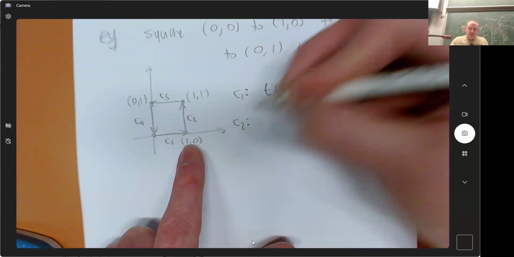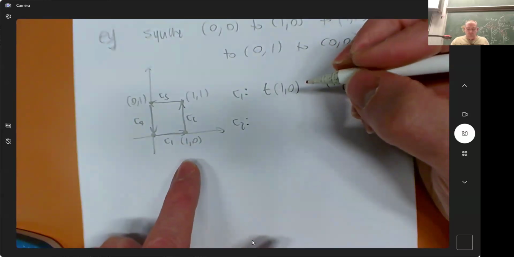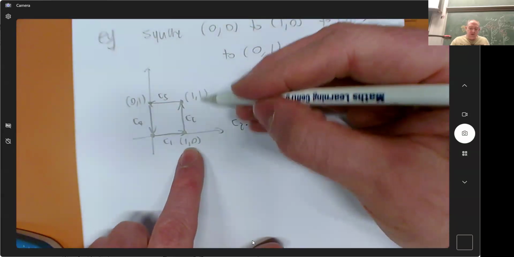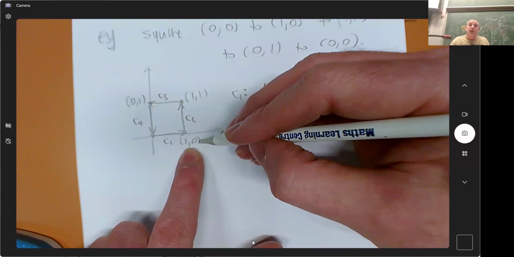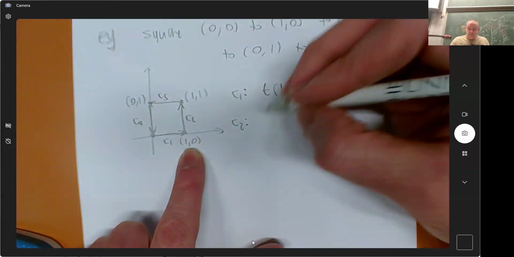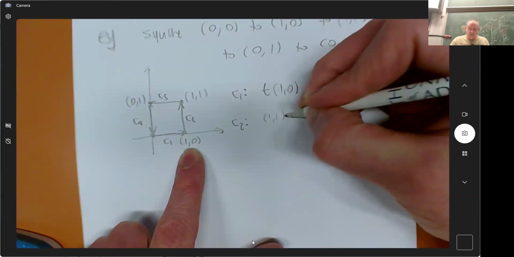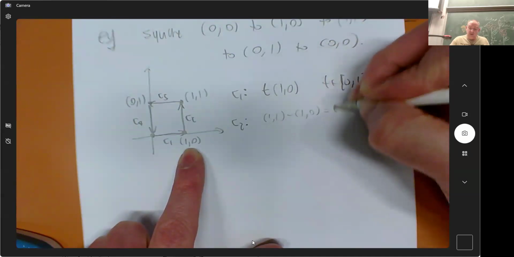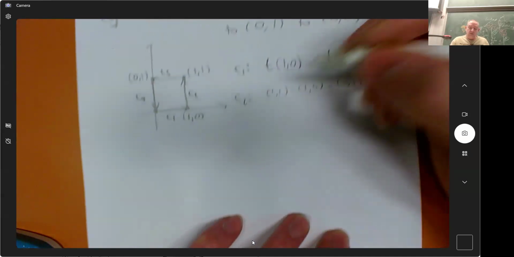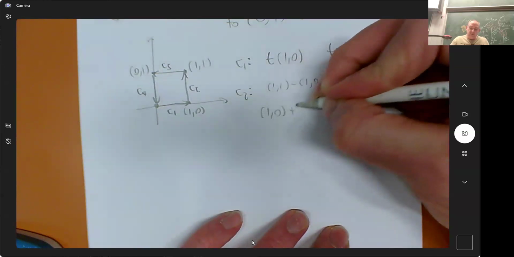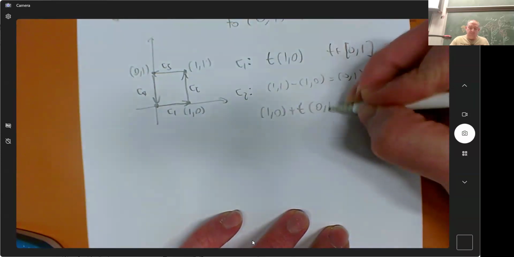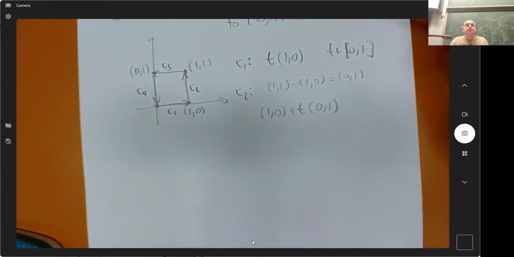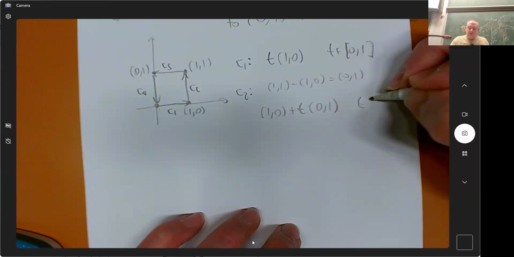And C2 will be, okay, so the journey is this minus this, which is 0, 1. So 1, 1 minus, so that's the end minus the beginning, which is 0, 1. And so this will be 1, 0 plus t lots of 0, 1, for t between 0 and 1.